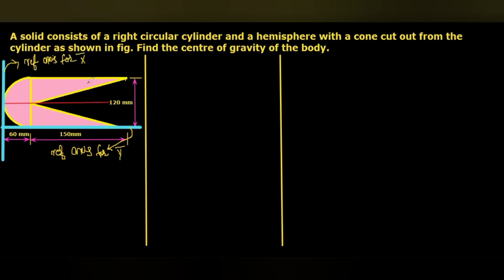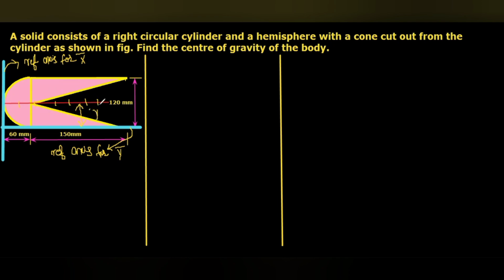Here you can see this whole section is symmetric about the horizontal axis. So the center of gravity will lie on this horizontal axis, but it may be anywhere along the axis. But wherever it is, the distance of the CG from the reference axis, that is the bottommost line, will be the same.